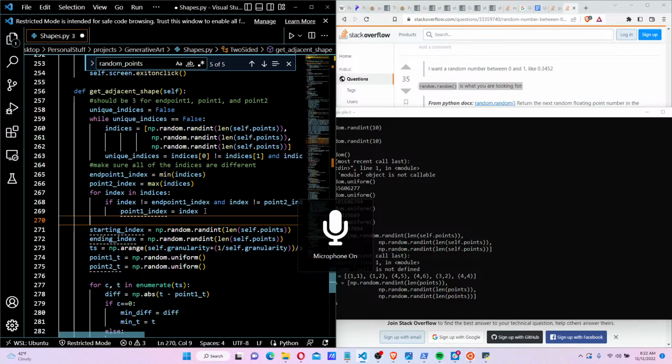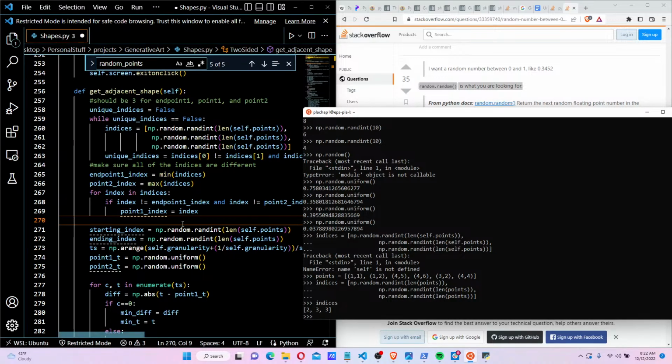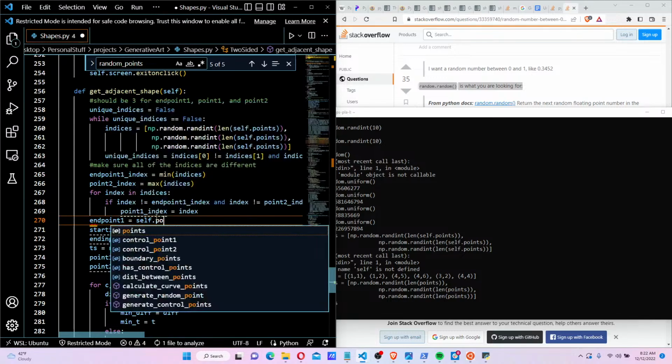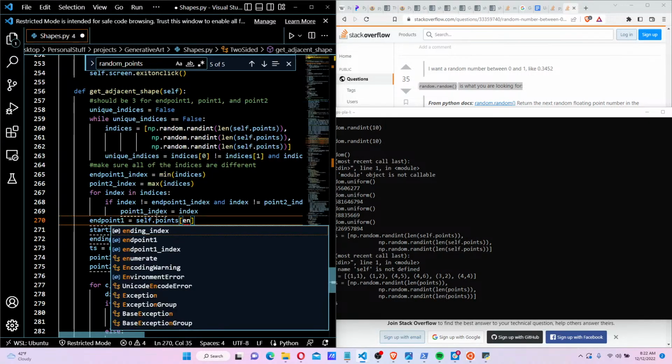Alright, so okay. So I have the index of point 1, point 2, and the endpoint. So I can just say endpoint 1 is equal to self.points of endpoint 1 index.